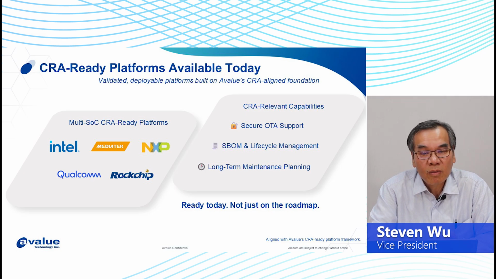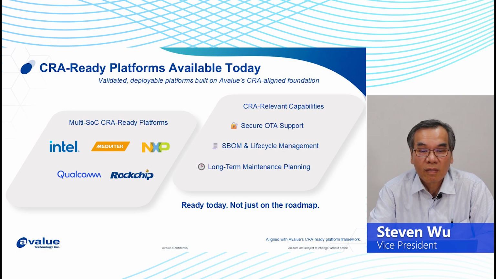So what Avalue provides is a broad range of products: Intel processor, Qualcomm ARM-based processor, NXP processor, and Rockchip processor. So we have a broad range of hardware SoC platforms. Secondly, we also have a robust and secure hardened operating system, which can be the Taurus operating system or another compliant cloud service operating system.